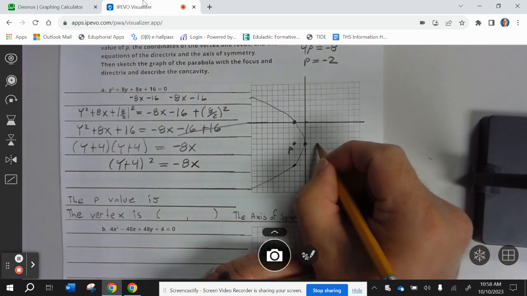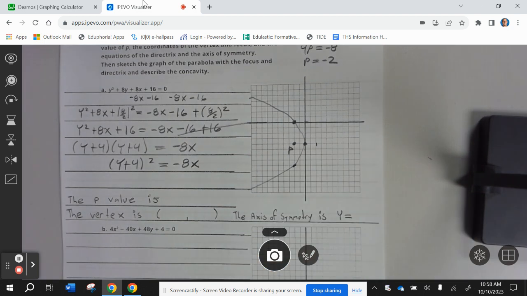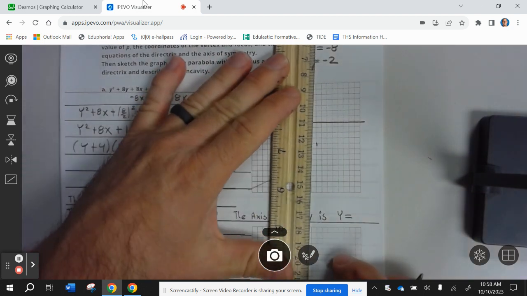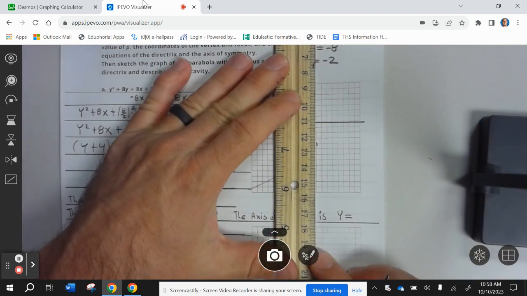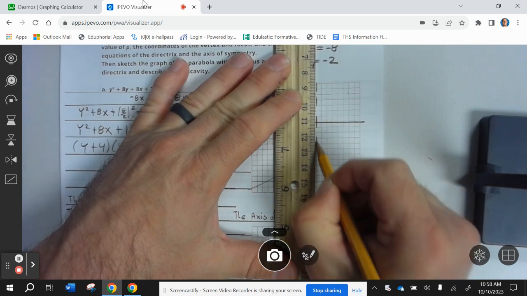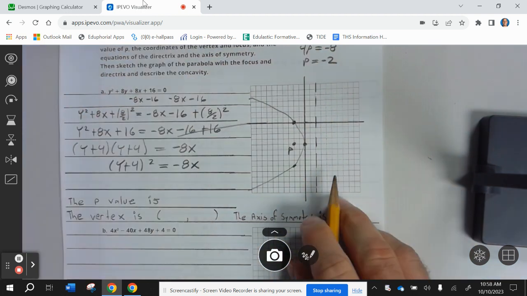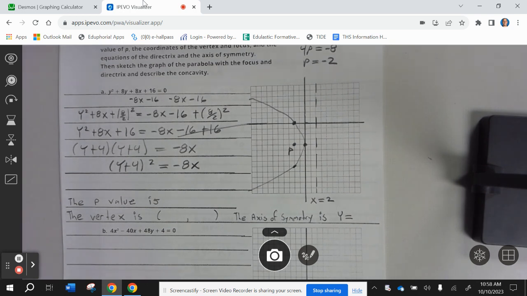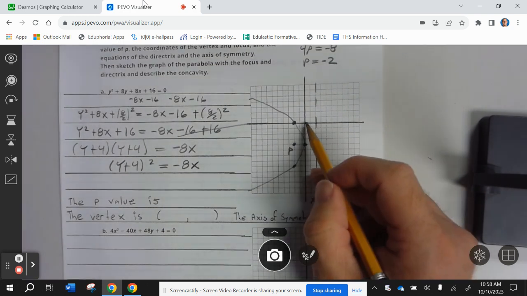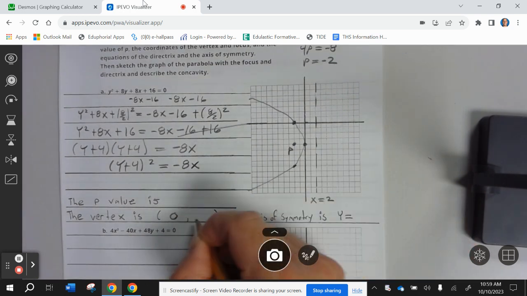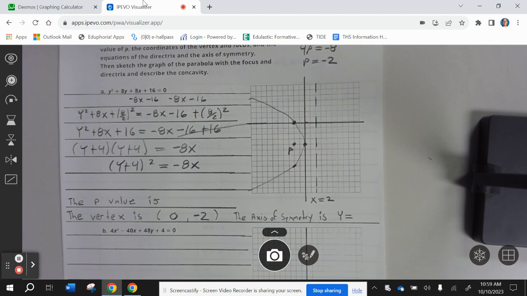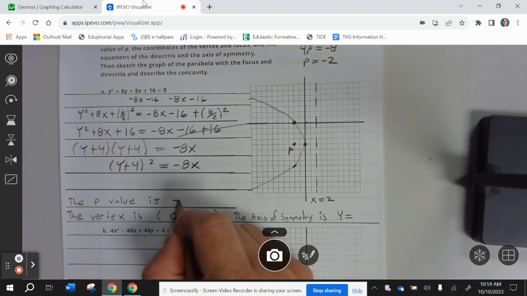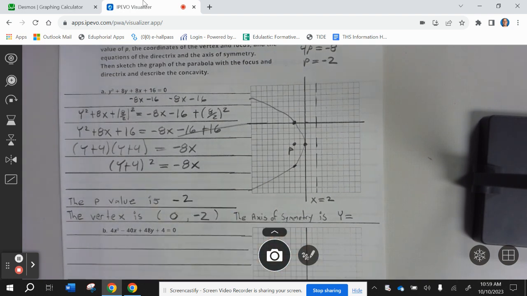And so then 1, 2. Okay. So the vertex is 0, negative 2. The p-value is negative 2. Oh, I'm sorry.